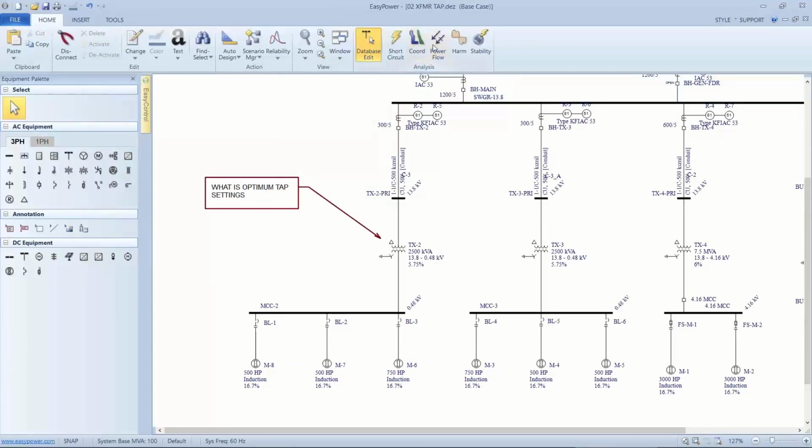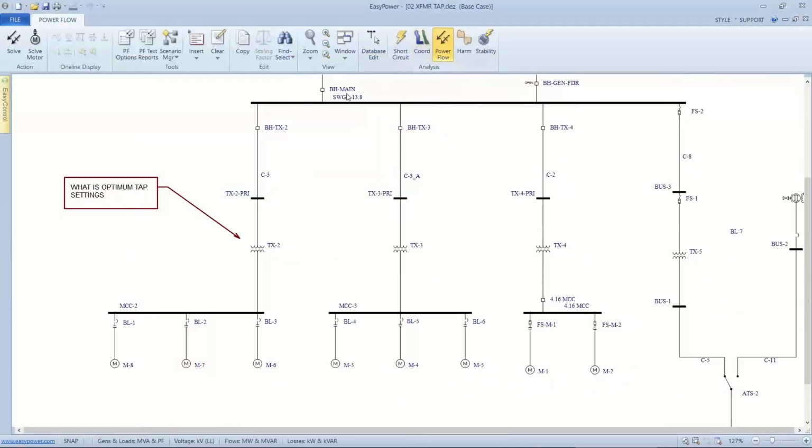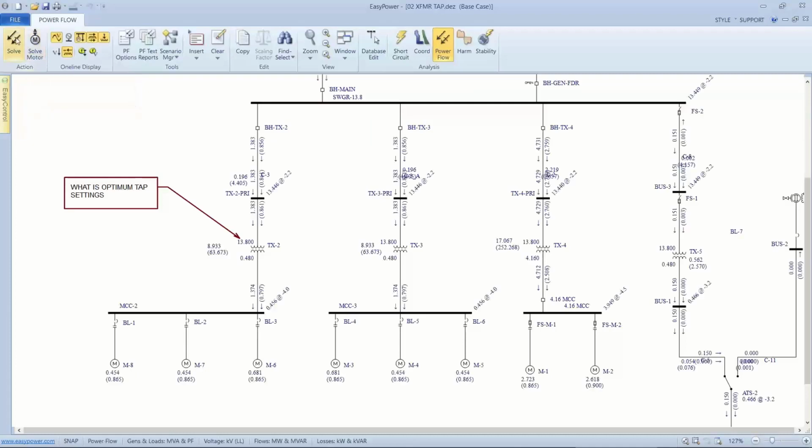And that may or may not be the case when we're in actual production using the typical loads. So if we go into PowerFlow right now, again, I'm using the one-line diagram that we used for short circuit analysis. This isn't a design demonstration. This is strictly illustrating how to use the tool for this particular function. I'm in PowerFlow. I'm going to solve the equations, and what we see is a bunch of numbers.